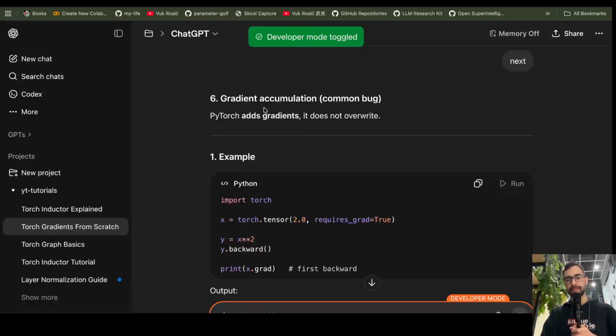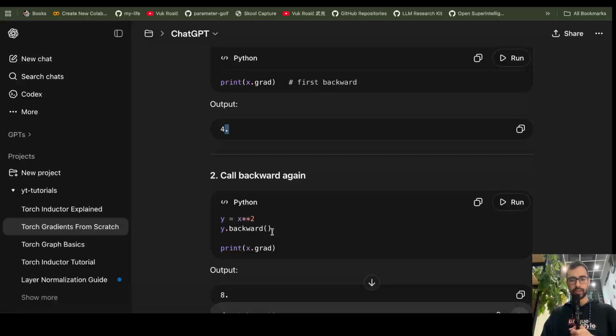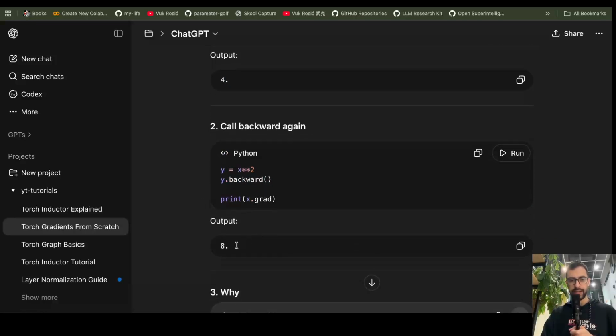A common bug is that PyTorch adds gradients, it does not overwrite them. Let's say we have the first backward pass and the gradient of x is going to be 4. If you call it again, now the gradient of x will be 8, because it doesn't overwrite.